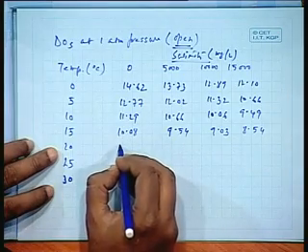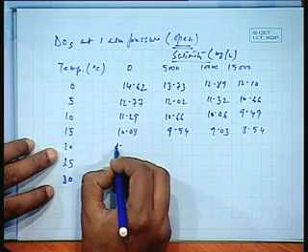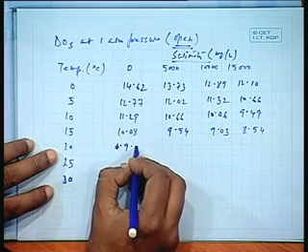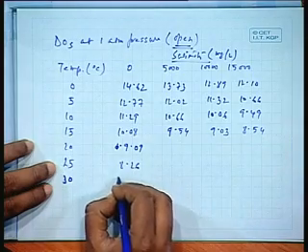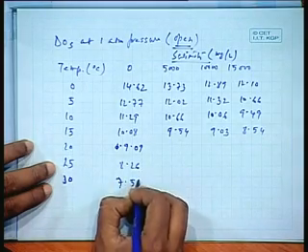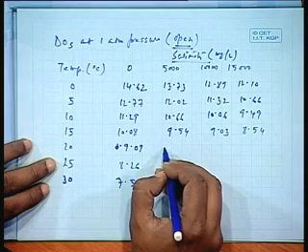The 20 is 9.09, 8.26, 7.56. Right, you can see this.